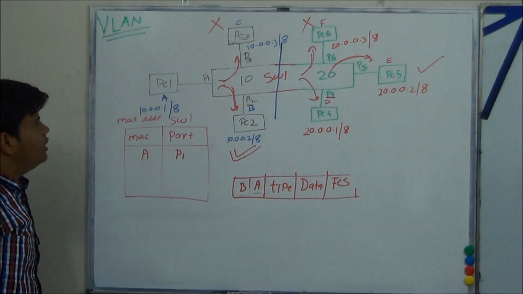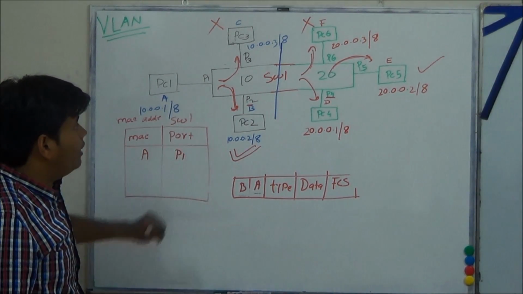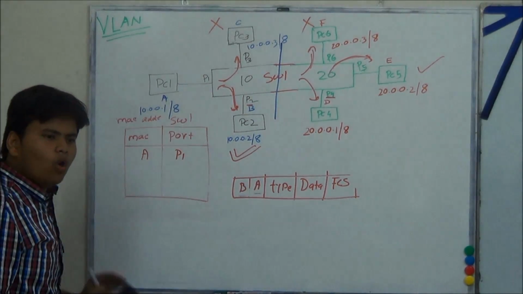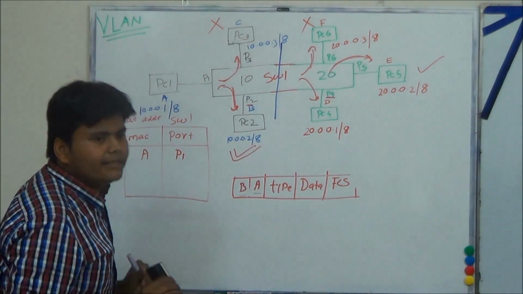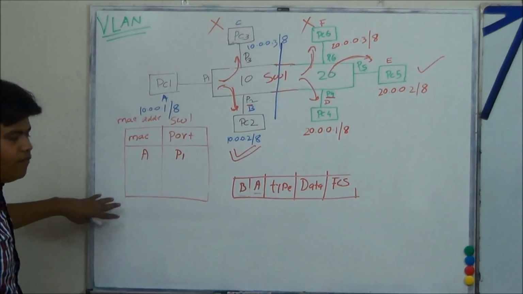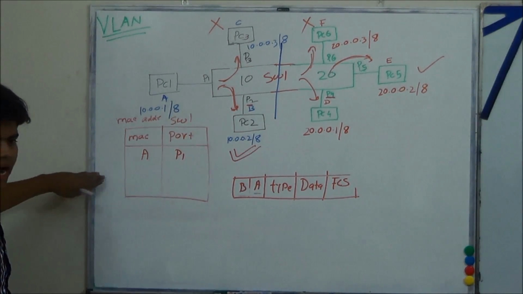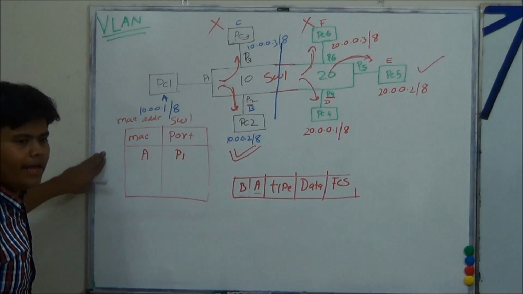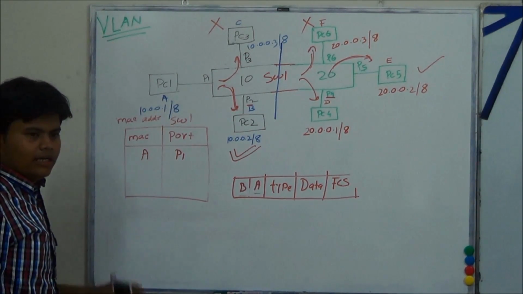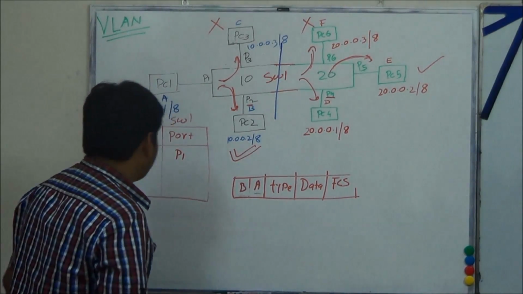When we divide one switch into two or more different LANs, VLANs, another field is added to the MAC address table. That field is called the VLAN tag. A VLAN tag is of 4 bytes.